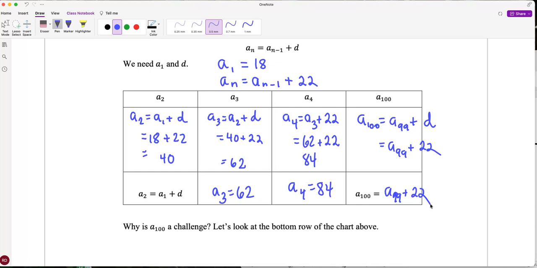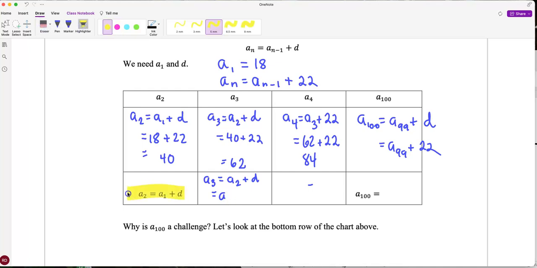But if I look at what was really going on here, A2, I want to rewrite this. So I've got A2. If I look at this, what is A3? So A3 is going to be A2 plus D. Remember that A2 is right here.